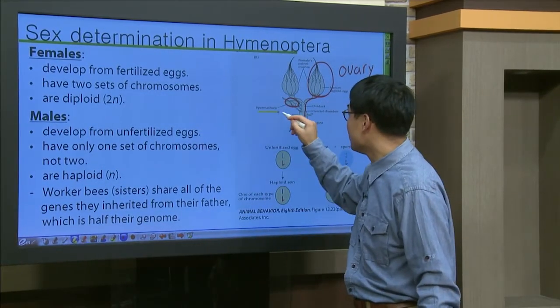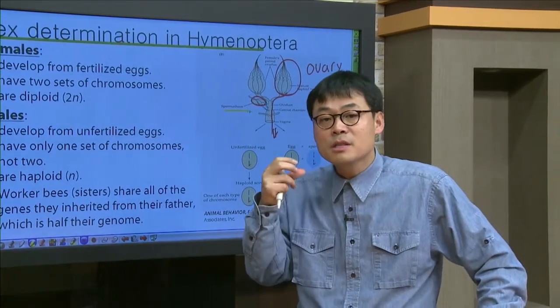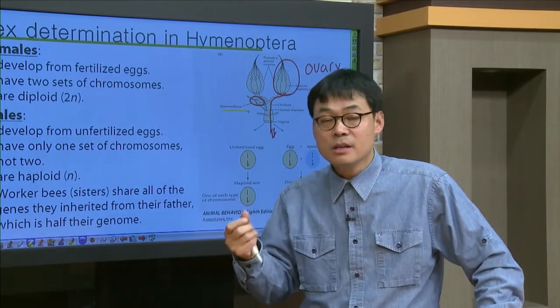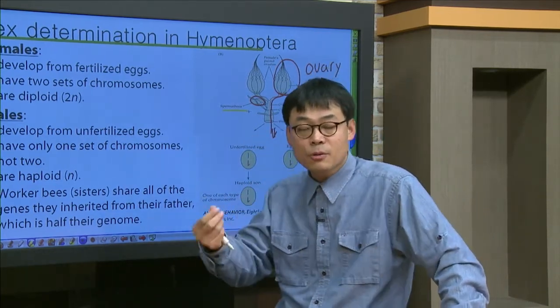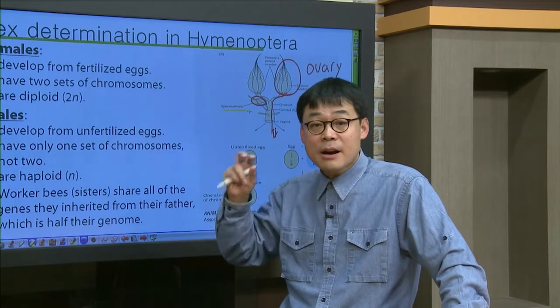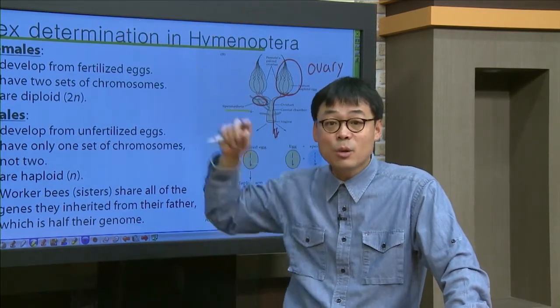It's a spermathecae. What it means is that it's the sperm storing organ. So once she becomes a queen, she gets out of the hive and flies out into the sky. It's called the maiden flight.